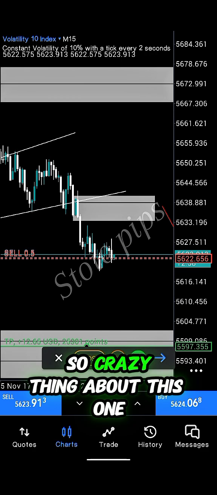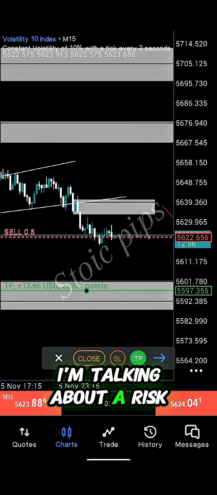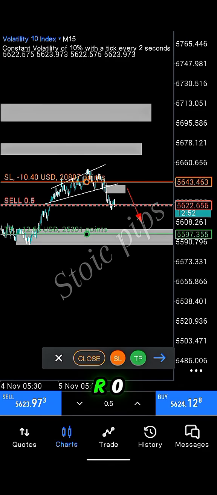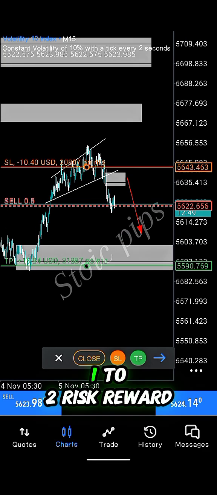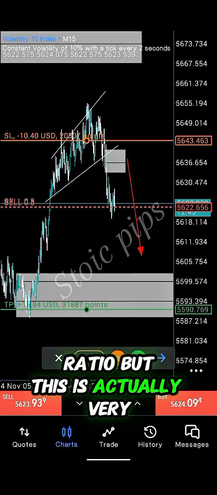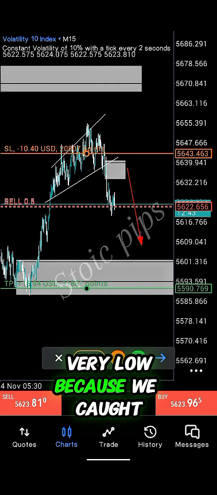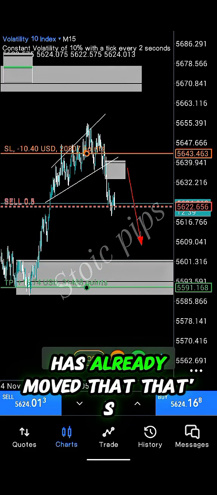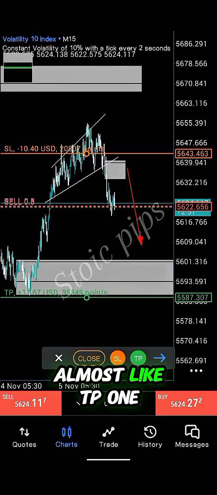Crazy thing about this one, I'm talking about a risk to reward of 2R or 1 to 2 risk reward ratio, but this is actually very, very low, because we caught it very late, right? We caught it after it had already moved. That's almost like TP1.